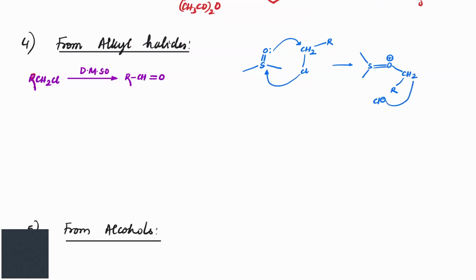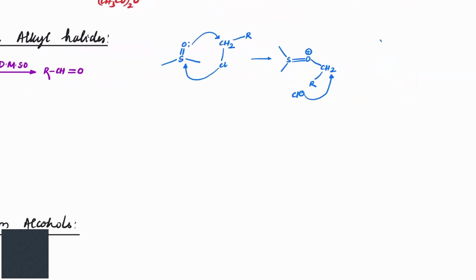So Cl minus will take H plus from here, and that will give you sulfur with double bond O plus, and CH minus and R. This bond will push here, this bond will go here, and sulfur will take away electrons.